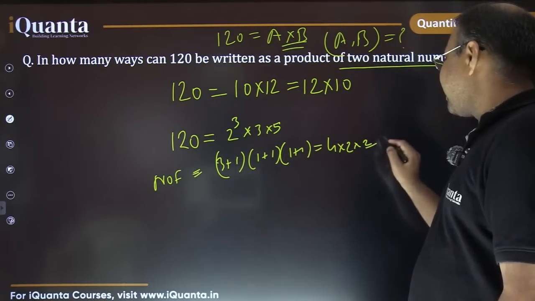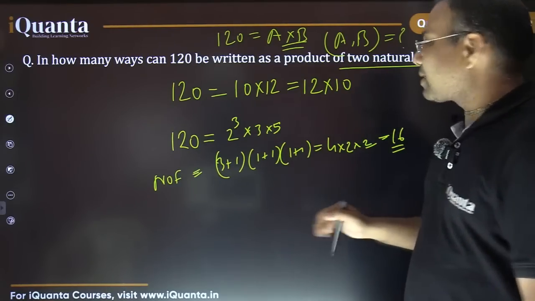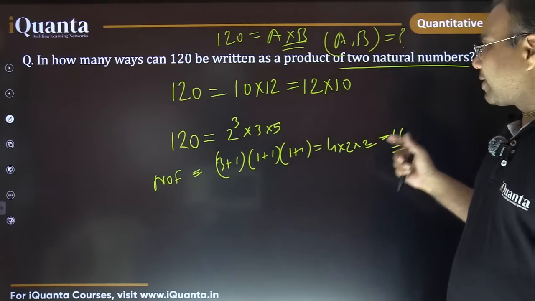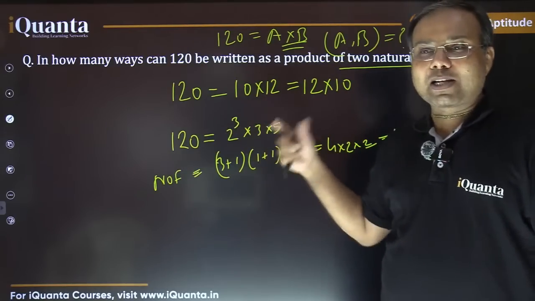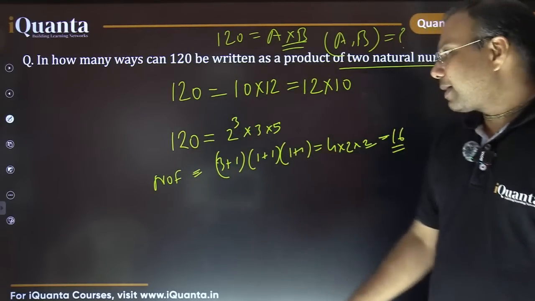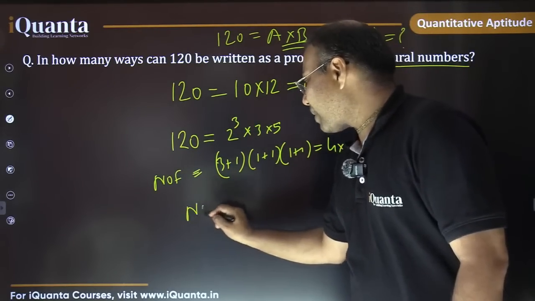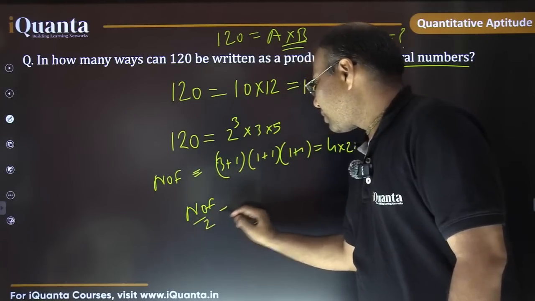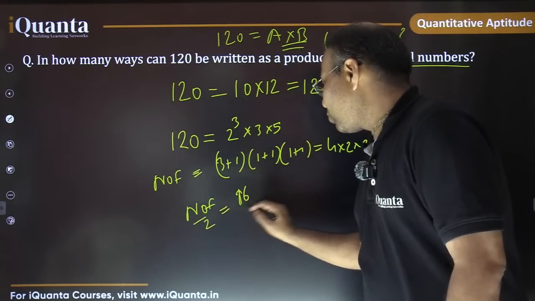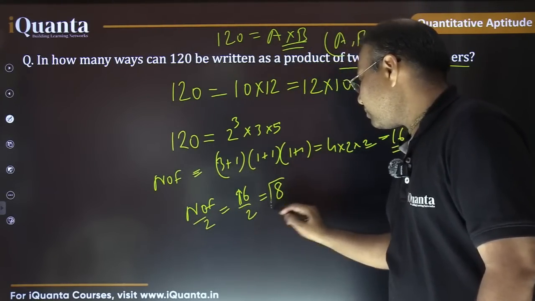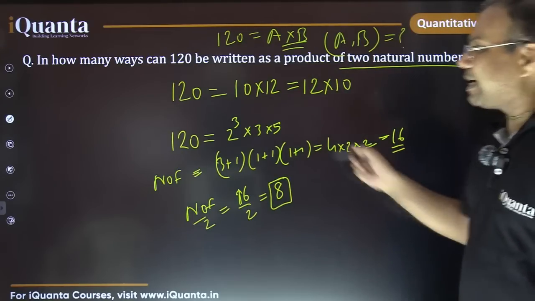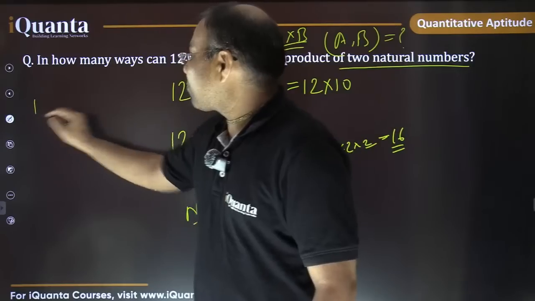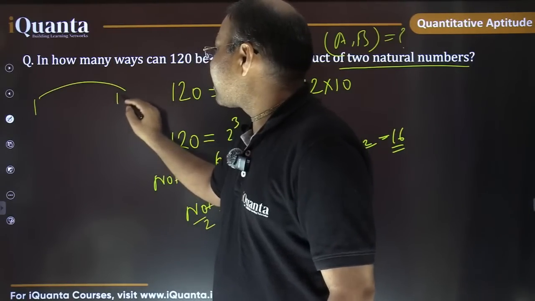That is 16. There are exactly 16 factors, and for 16 factors, you will always get 2 factors whose product is equal to the number, right? So that's why the answer is number of factors by 2, which is 16 by 2, that is 8. Let's write that. So 1 is a factor and its corresponding partner is 120.